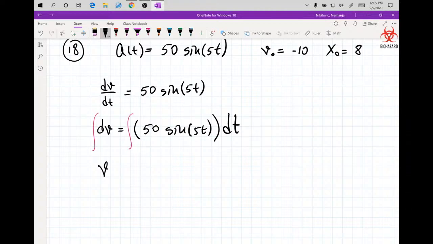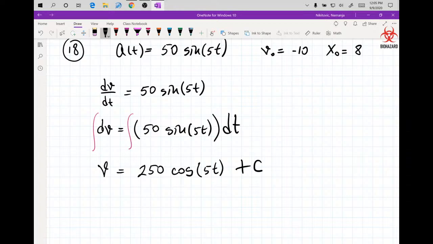And we get our velocity, where the derivative of sine is cosine. The 5 jumps out, so 250 cosine 5t plus c.